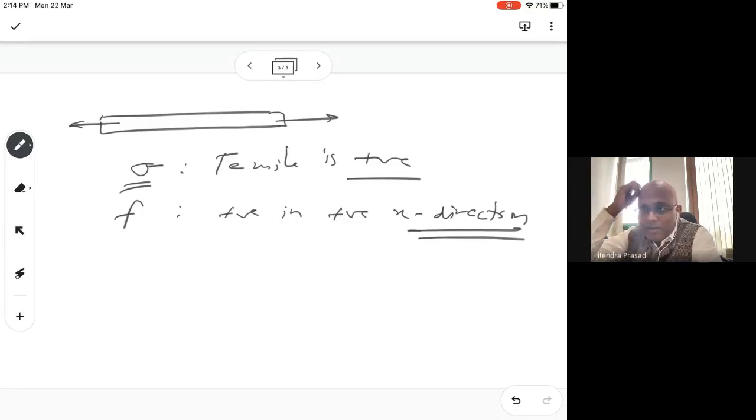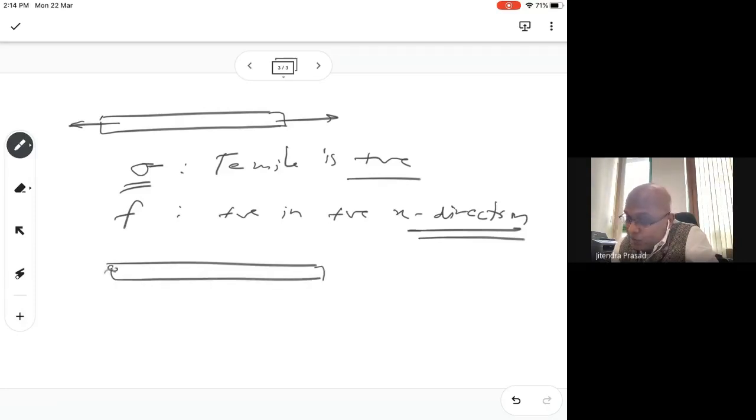Yeah. So if you have one structure, let's say node 1, node 2, node 3, and let's say forces are applied.